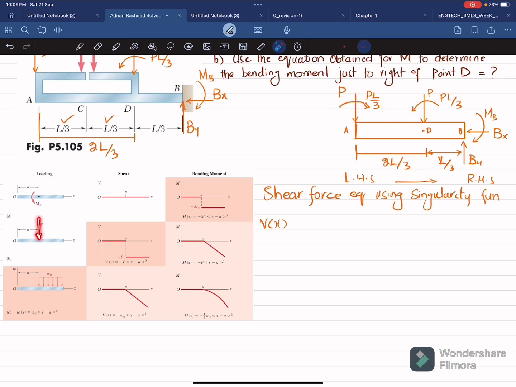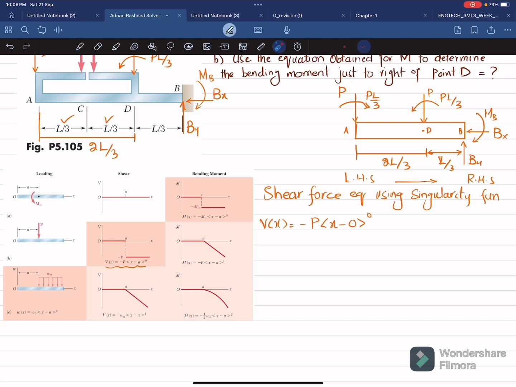So this is the figure which is used for the point load, since it is acting at point A. So the shear force equation is this one, but in this condition, a is equal to 0. So I will write V of x is equal to minus P into x minus 0 power 0. This is the shear force equation. Here a is equal to 0.